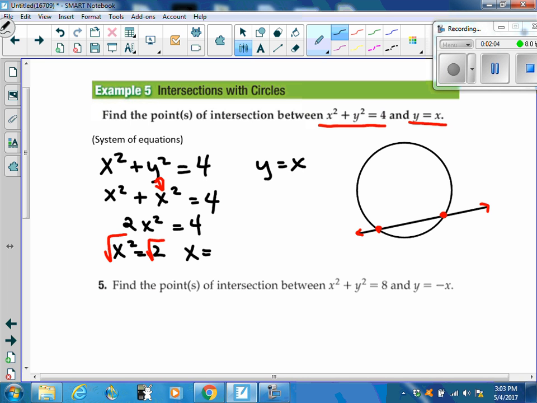We get one positive and one negative, plus or minus the square root of 2. Don't put it in the calculator or anything like that. Just leave it as the square root of 2. That plus or minus actually gives us two x values because we have 2 points of intersection. So one point is going to have a positive square root of 2, and one point is going to have a negative square root of 2.